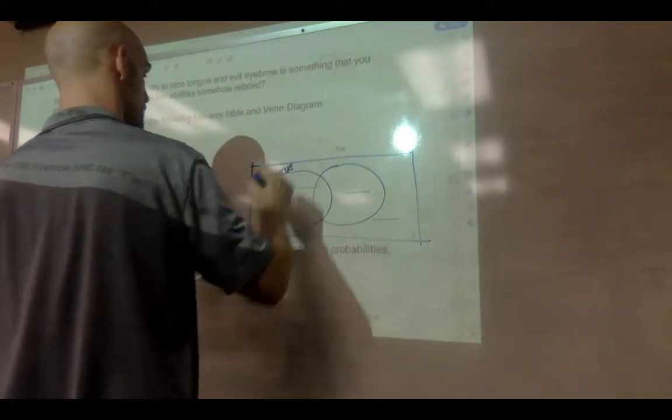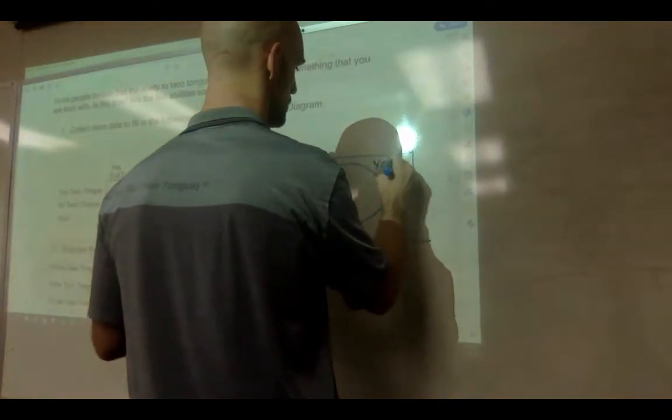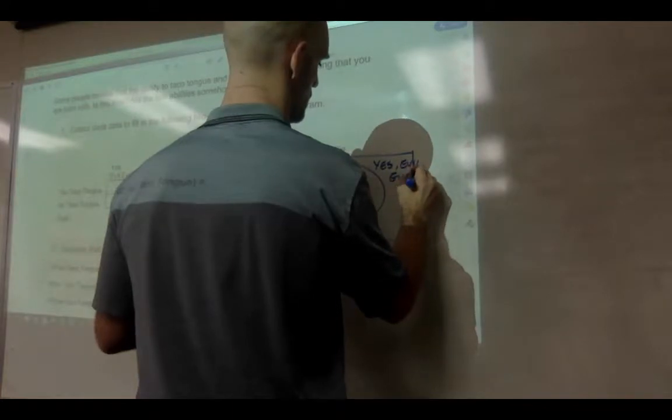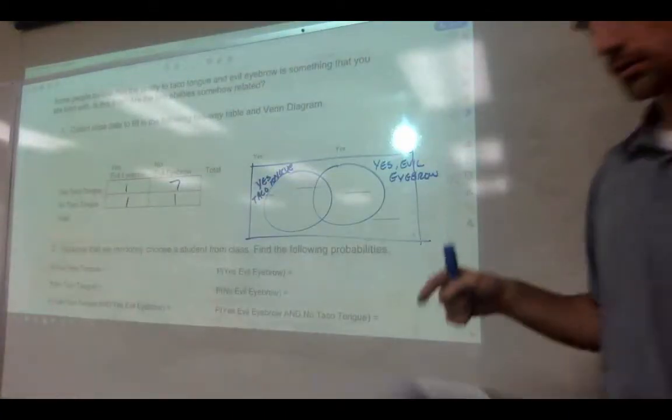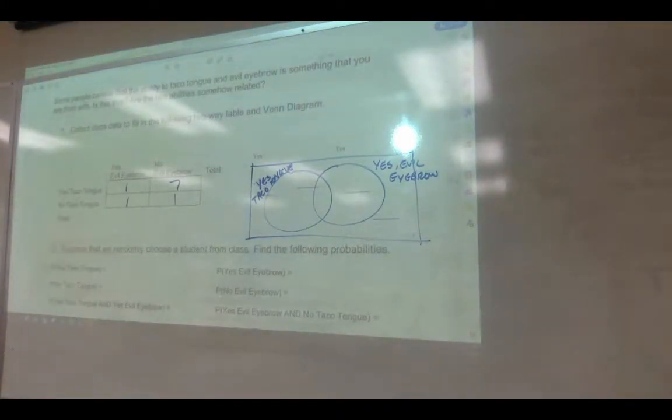No, the lines are irrelevant. So the left circle is going to be yes, taco tongue. The right circle is going to be yes, evil eyebrow. And obviously, in the middle goes what's shared.